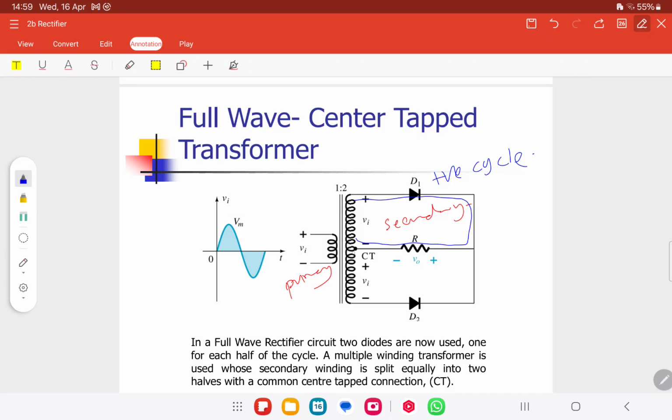If it flows through the lower one, that means we need to change the polarity. This is for the negative cycle. So only one diode will be on for each cycle. Each time only one diode will be turned on.